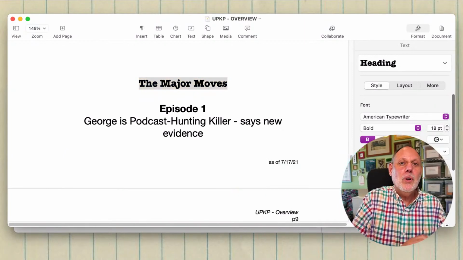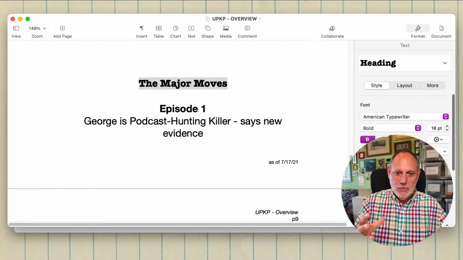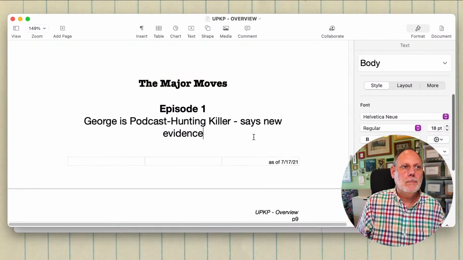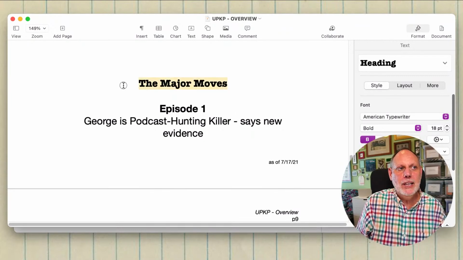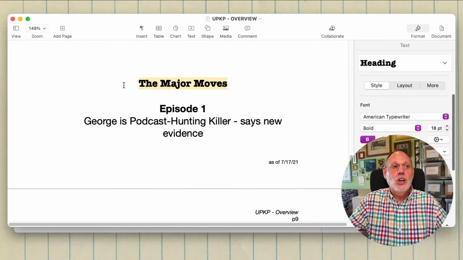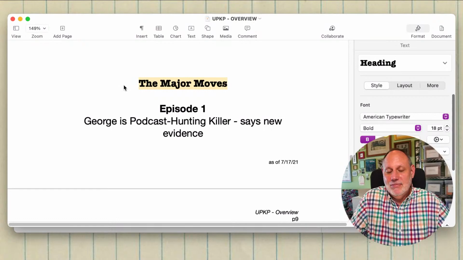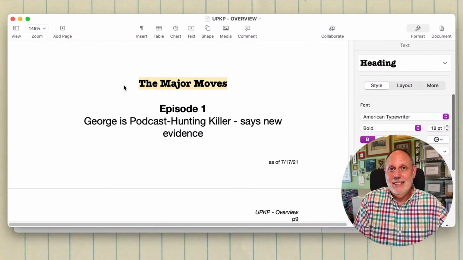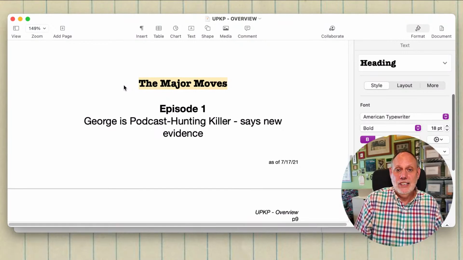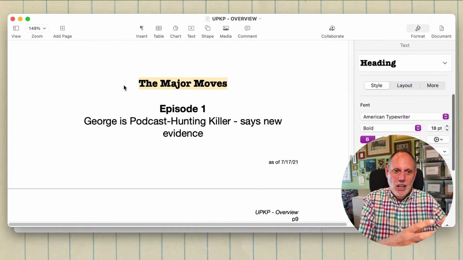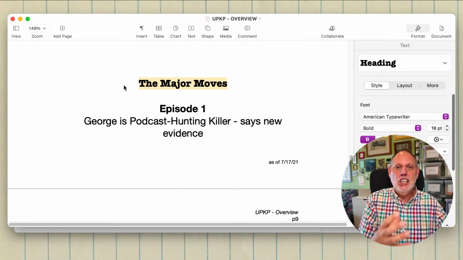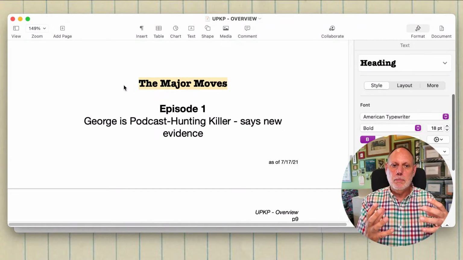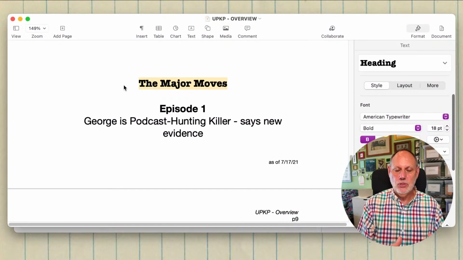What are the moves of the script? Not every scene, but the big moves. I tend to call them the major moves. No one else calls it that. You don't have to. You can call it the beats. I don't know what anyone calls these things, but to me, they're the underlying shape of a script: the sequences, the primary sequences.